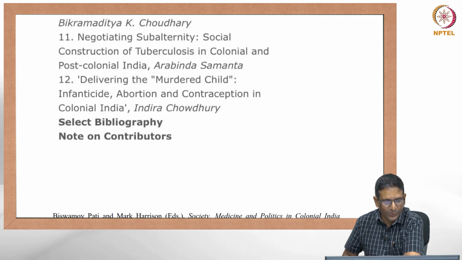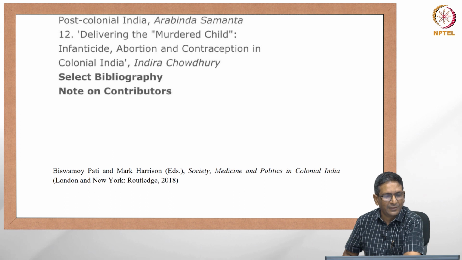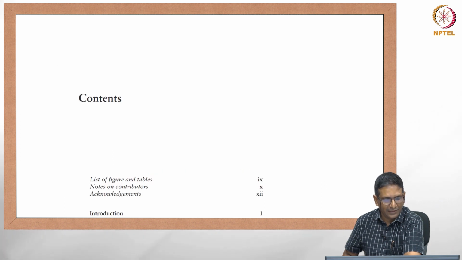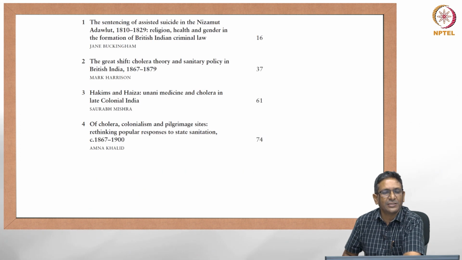Then moving on to the next book of this kind, again by Biswamoy Pati and Mark Harrison, titled Society, Medicine and Politics in Colonial India. You'll see first is the introduction.